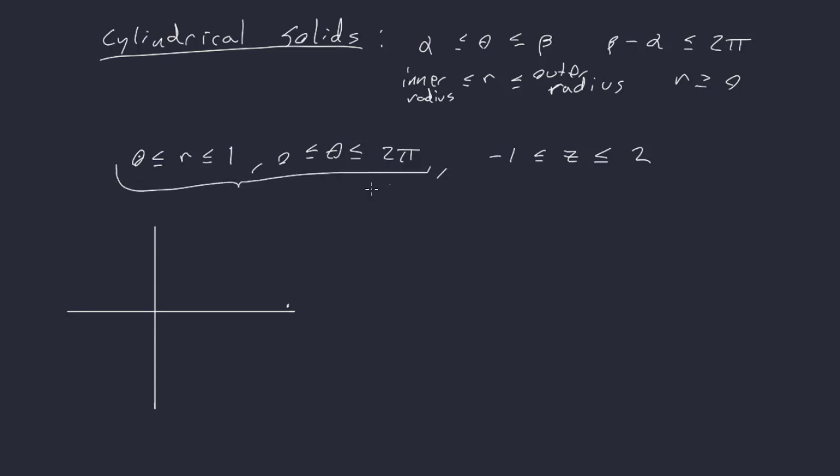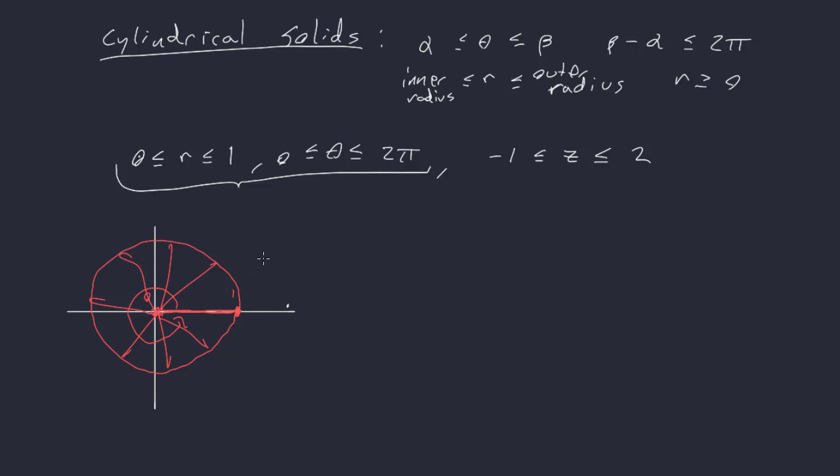We treat this like we would polar coordinates. So in polar coordinates, we have r going from 0 to 1, and then our theta goes from 0 to 2 pi. So we do a full rotation with this, and that gives us essentially the full circle.